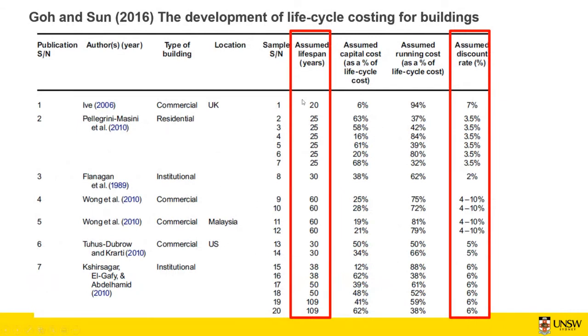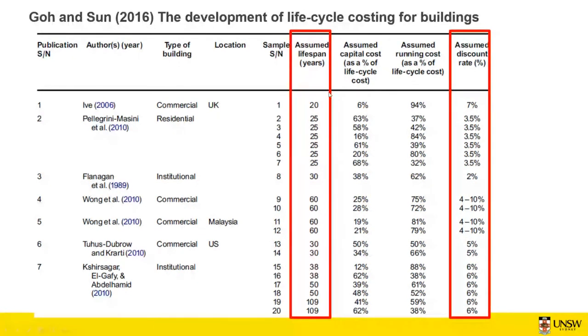So this is one of our references. As you can see, in different literature they put different lifespans for different types of buildings, whether it's commercial, residential, institutional, etc., and different locations, UK, Malaysia, and US.